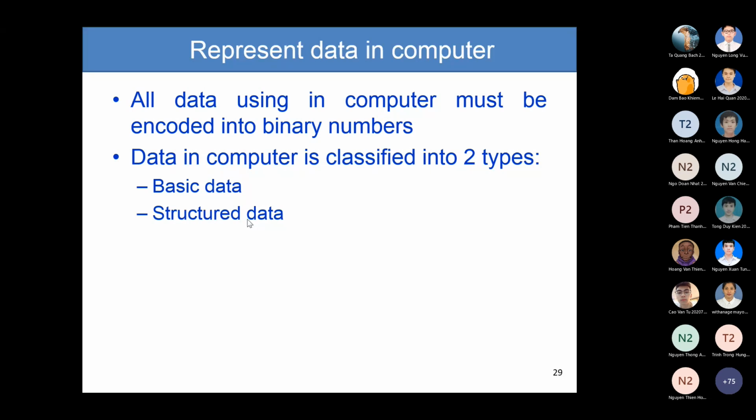We study the binary system with only 0 and 1. The computer can understand this system directly because it corresponds to 2 states of an electronic component, like on or off, yes or no. So 0 and 1 in the binary system are similar to 2 states like on or off, yes or no, in an electric, electronic or automatic system.